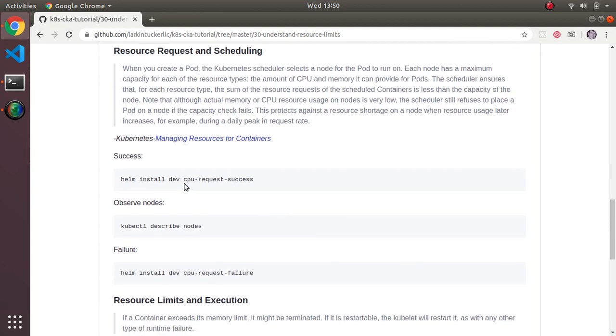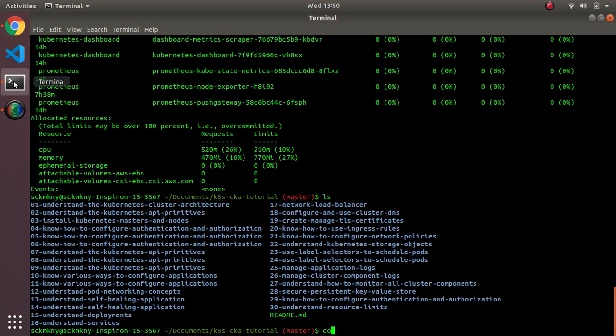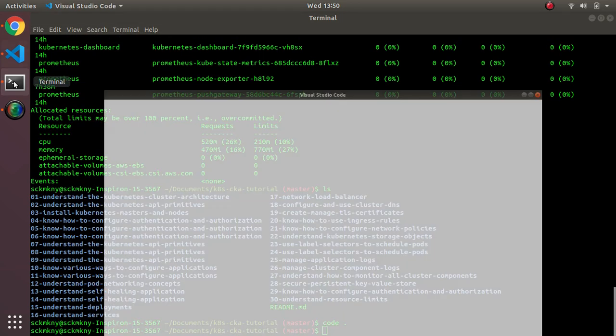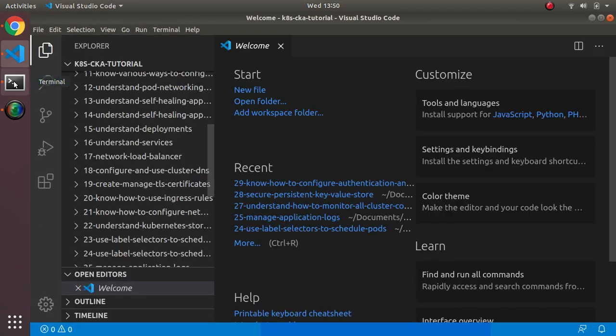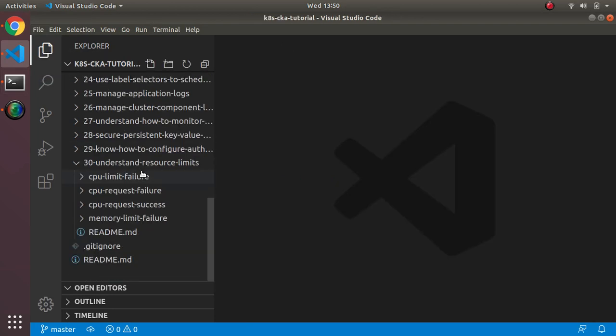Right, so I want to look at this example here. I'm going to call it a successful CPU request. So let's look at that. CPU request success.